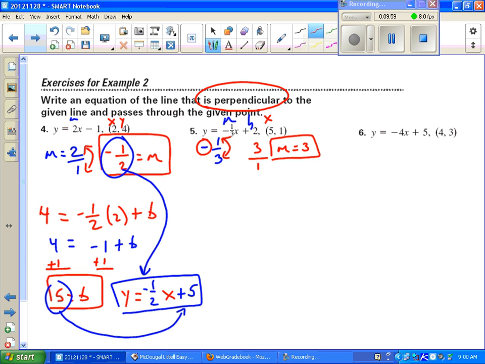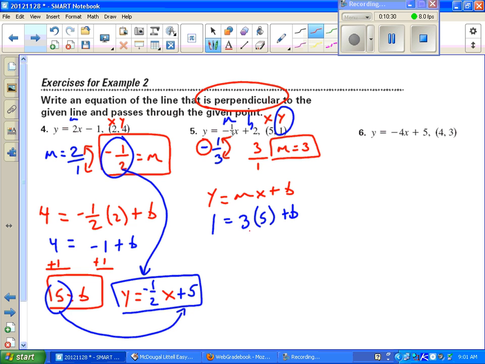Take that along with your x and your y value for the point that the line's going to pass through. Y equals mx plus b. I'm just showing that so we can remember where we're coming from. Your y value in this case is 1 equals your m value, 3, times your x value, 5, plus b.